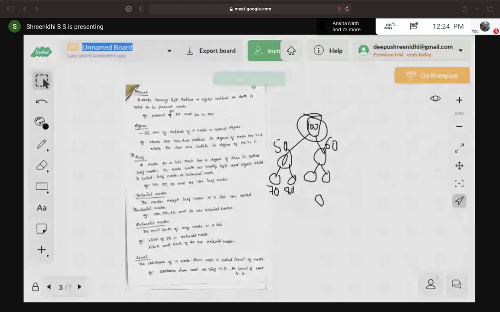It is nothing but the distance of a node from the root, called the level of a node. The distance from the root to itself is 0. So the level of the root is 0.